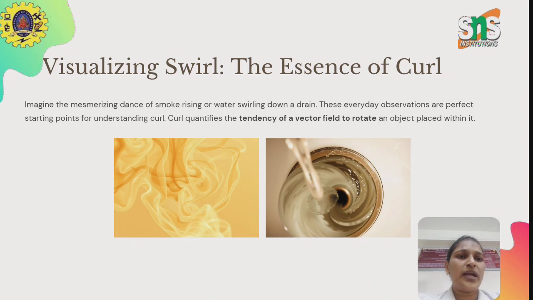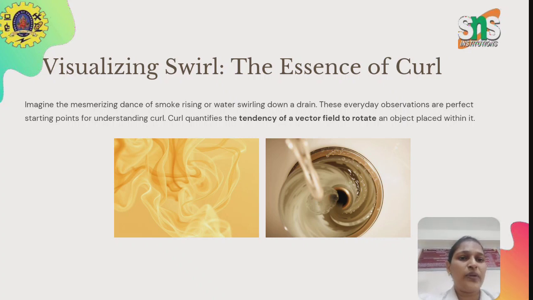First, let's visualize a curl. Curl means swirl. Imagine the swirling of smoke, the swirling of water, the swirling of oceanic waves. For example, if you have water in a bowl and you swirl it with your hand, you can observe the concentric motion of the water waves, which is nothing but a curl.